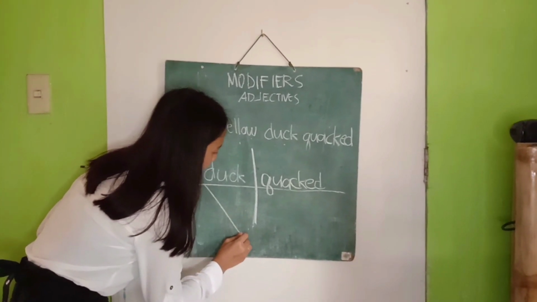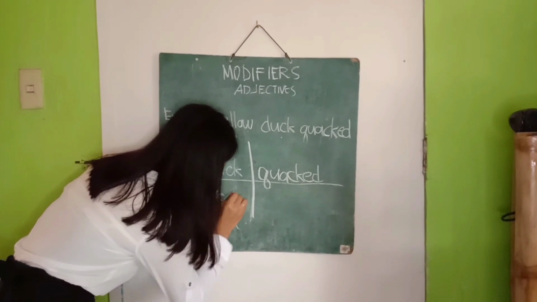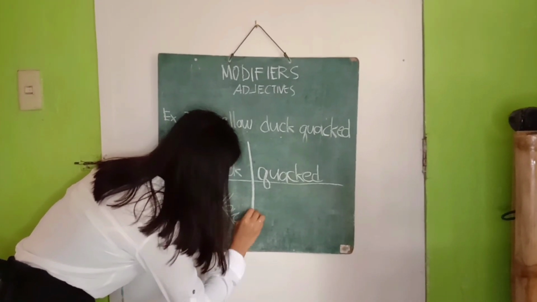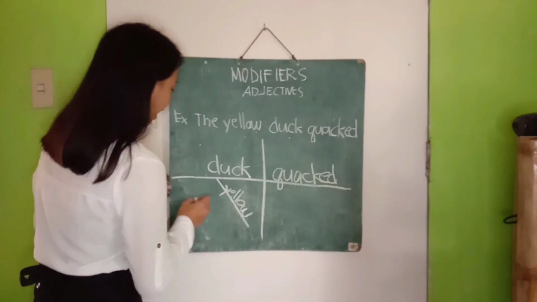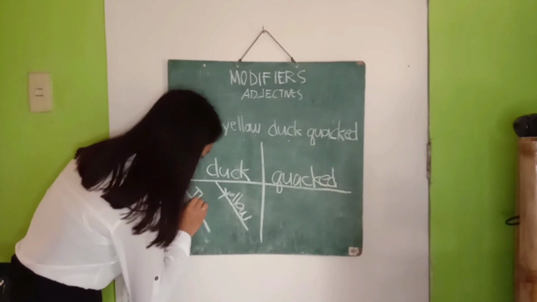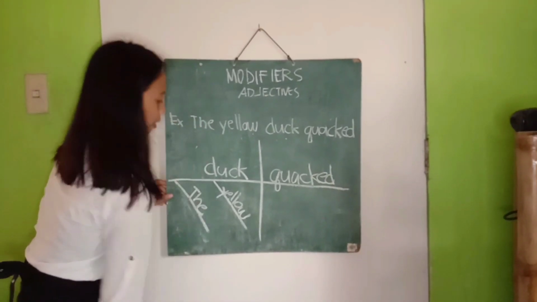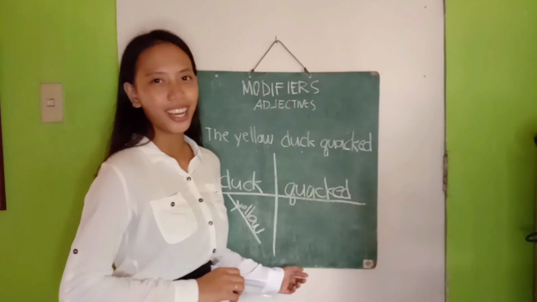Draw a slanted line and write our modifier. For the determiner the, draw a slanted line below the subject. That's how we diagram adjectives as modifiers.